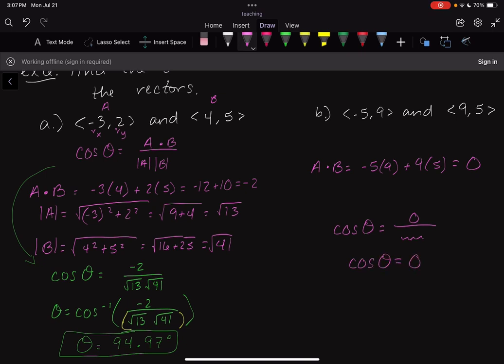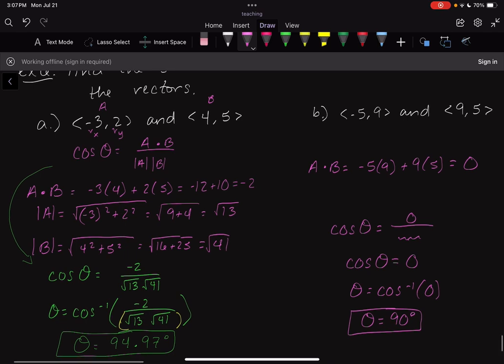So this one, I did not have to find the denominator because it would have just gone away. But if you finish solving this one, cosine inverse of 0 is 90 degrees. So this one actually shows us something cool.